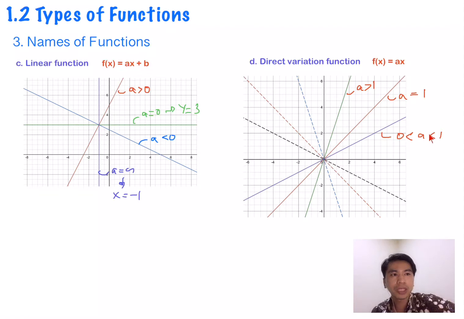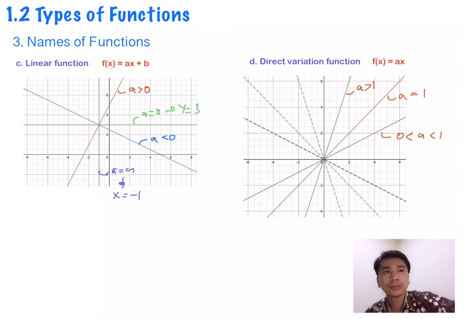Lower than that, the purple line represent that the a is between 0 to 1. So it will have a more gentle slope. While for the green line, it will have a steeper slope.